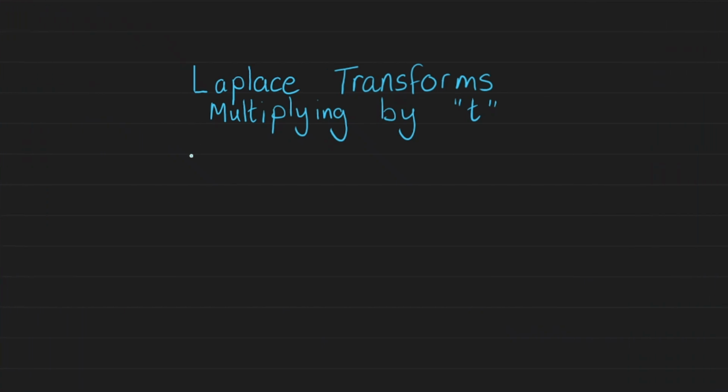Hi there. We continue our video series on Laplace transforms by considering another theorem: multiplying by t. We have seen that the Laplace transform of some function of t is eventually some function of s.